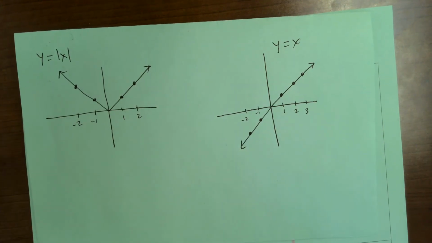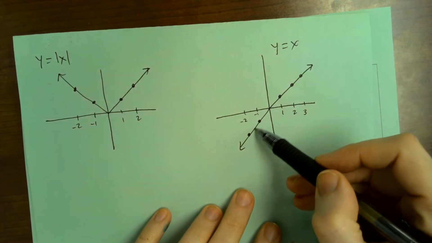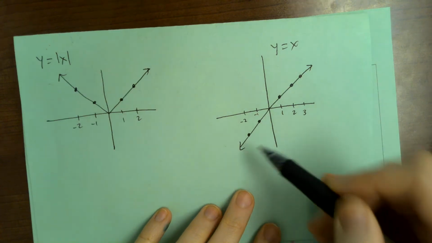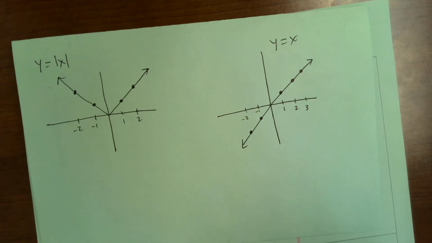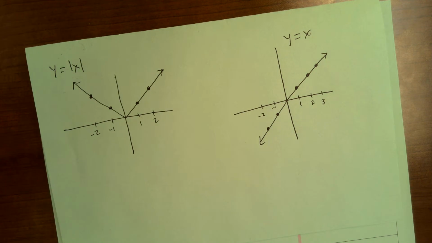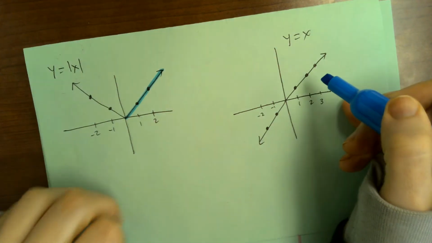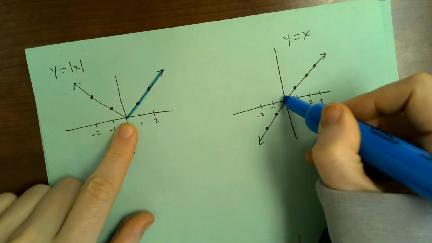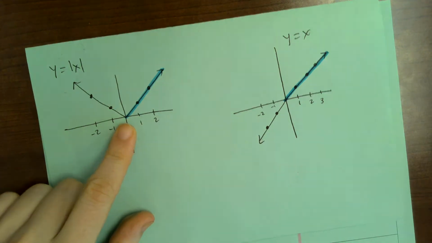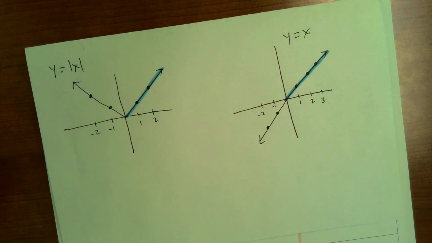You could do that by taking its absolute value, or you could do it by just negating the negative part. If you negate the negative part of a function, it turns it positive, and it does an x-axis reflection. So already we've got that this part of y equals absolute value of x corresponds perfectly with the positive part of y equals x.